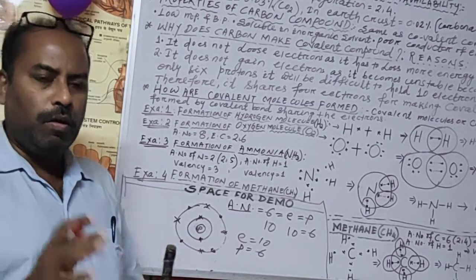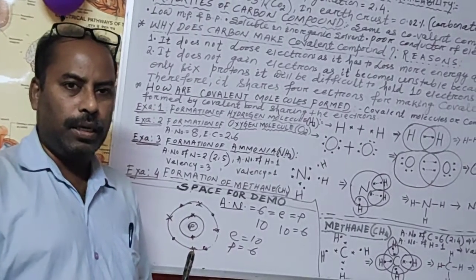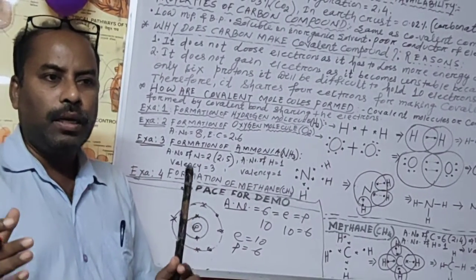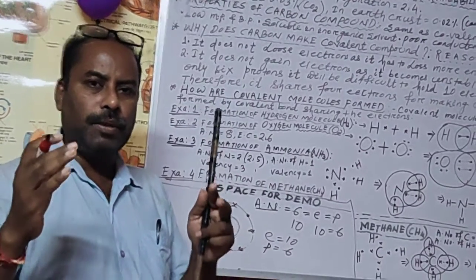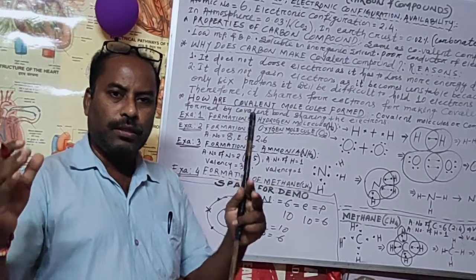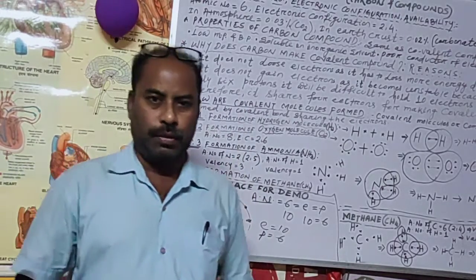For example, maximum non-metal elements make covalent compounds. But some elements are available in nature in the molecular form.